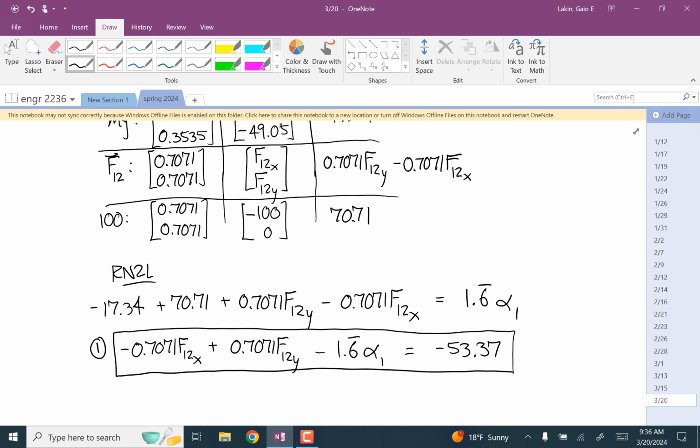Okay, you with me on that? So that's our first equation for our big system of equations.